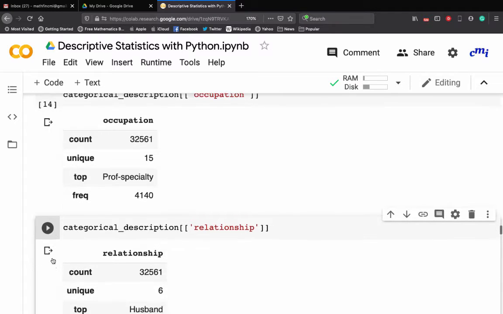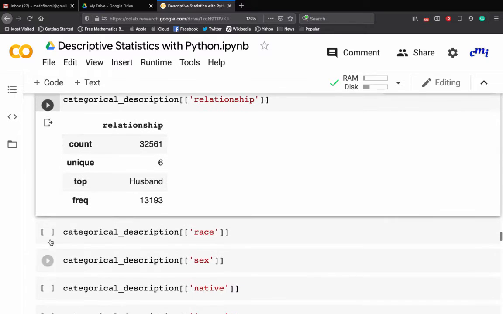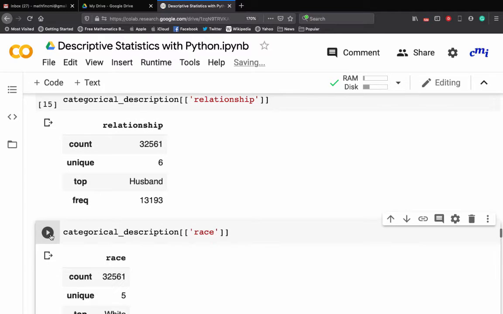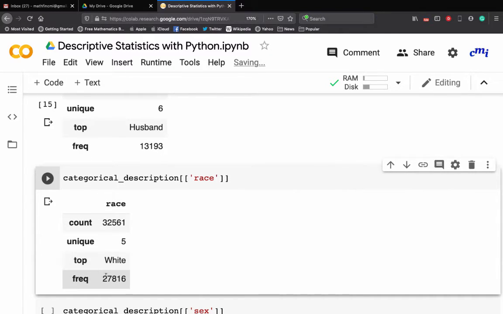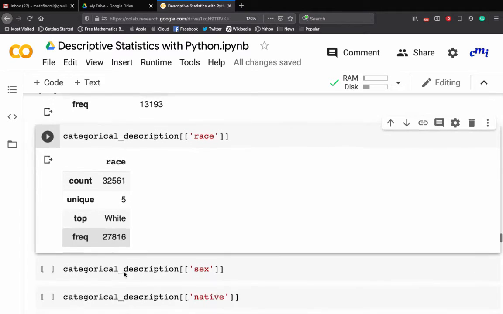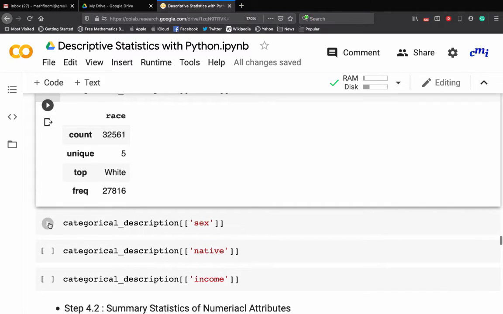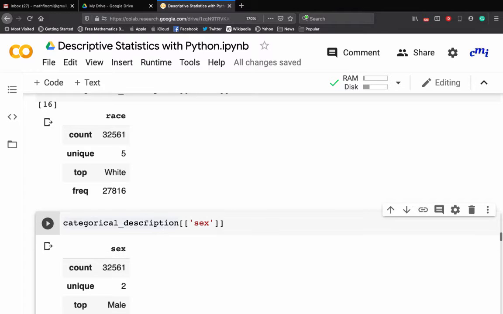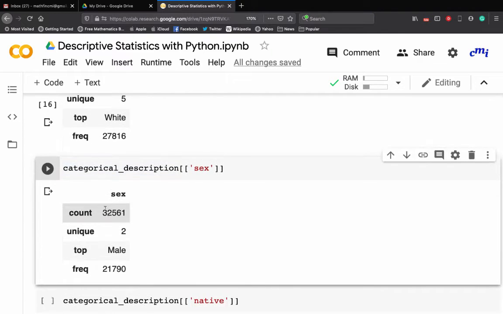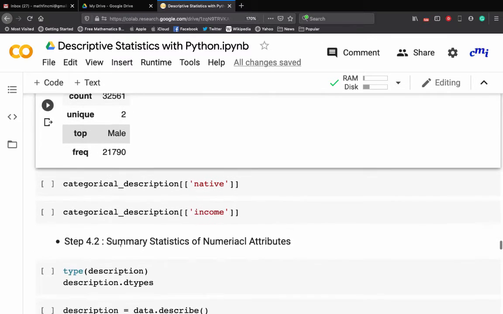You can do it for relationship. You can do it for race. White has the maximum representation in the dataset. Others are less. Gender: out of 32,000, 21,790 are male, so males are overrepresented in the dataset.